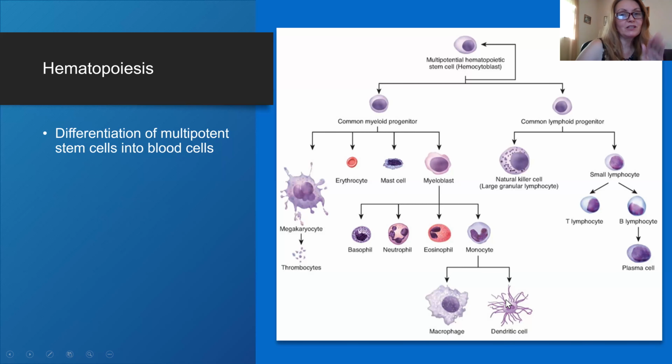So the point I'm trying to make, and I don't know if you guys get it or not, is that we all start with one cell, right?